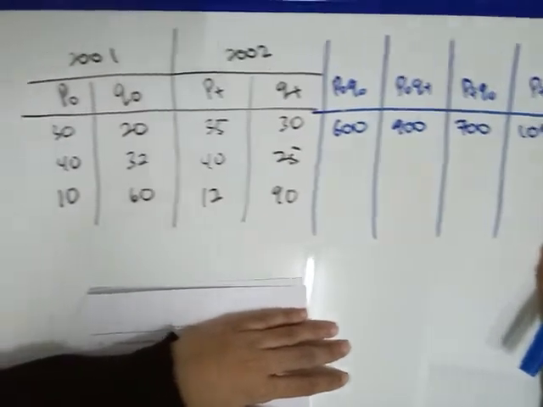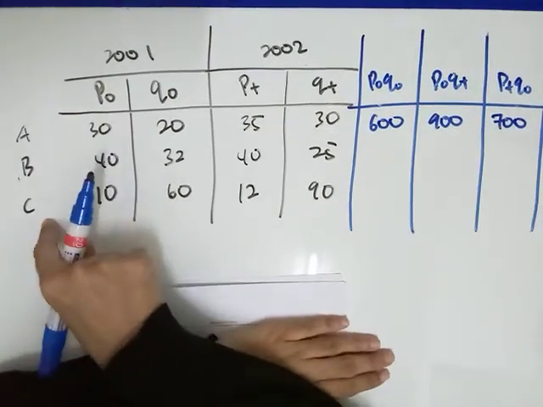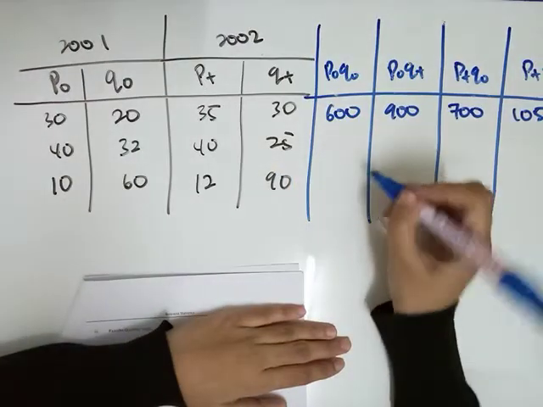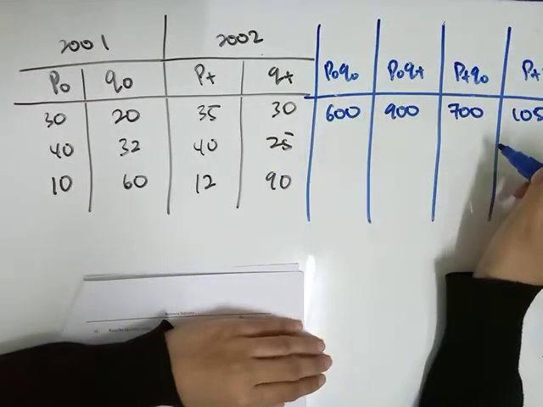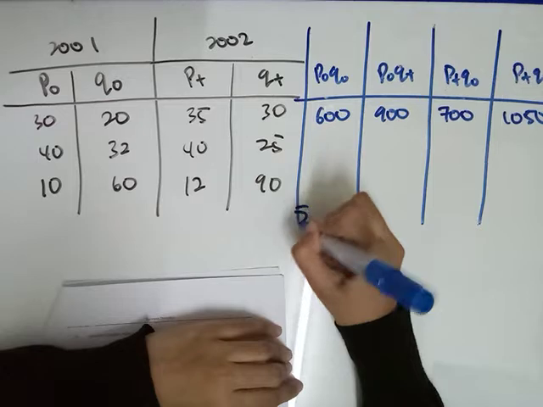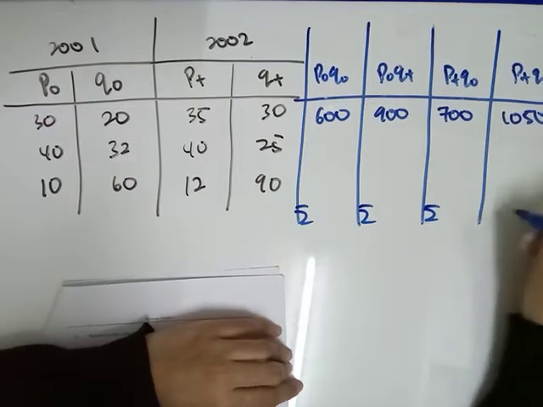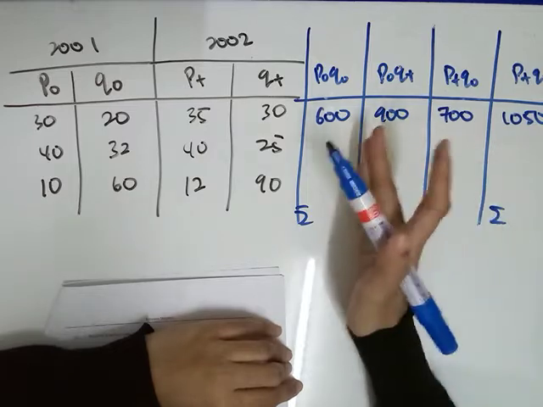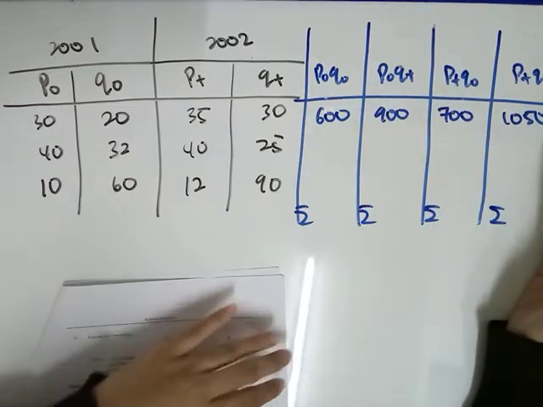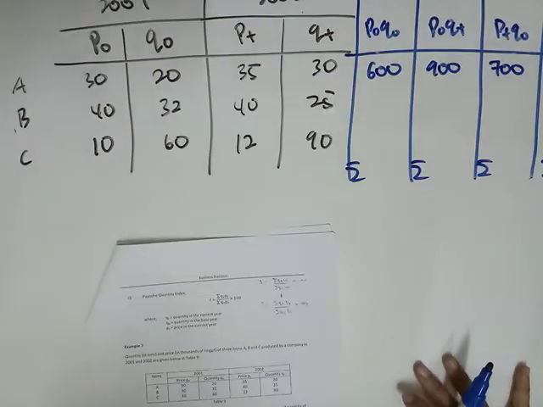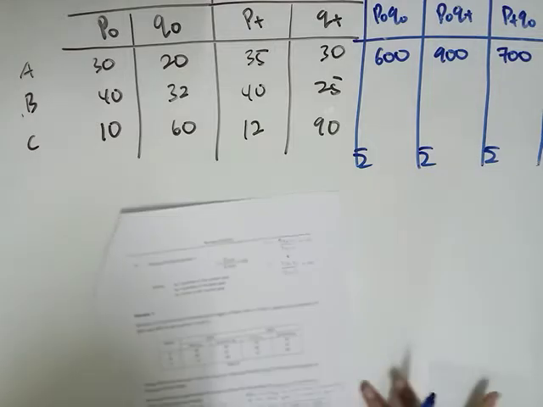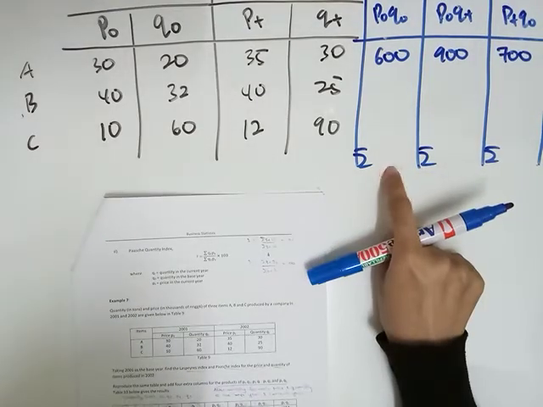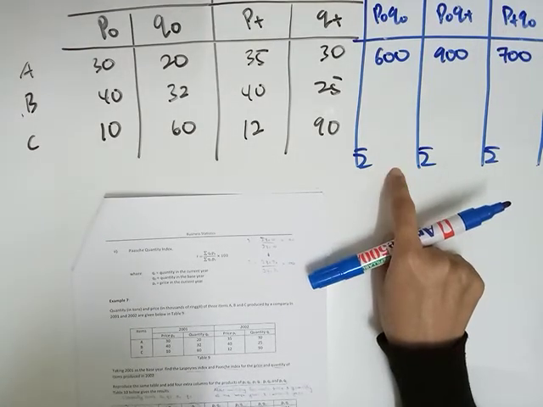Okay. Same goes with items B and C. You have to calculate for each item. And then you need to total up each term here. Then only can you substitute into the formula, taking the sums. Put them into the formula.